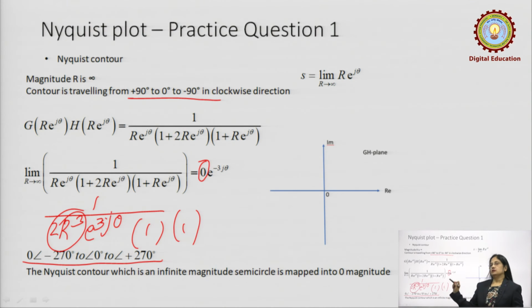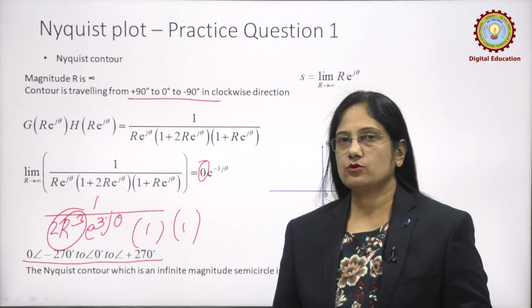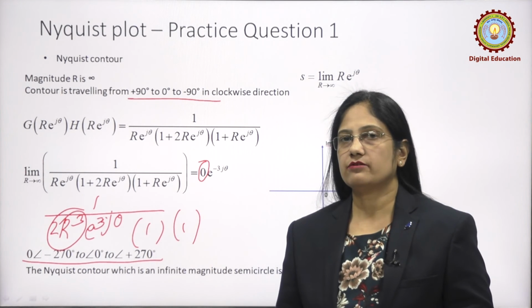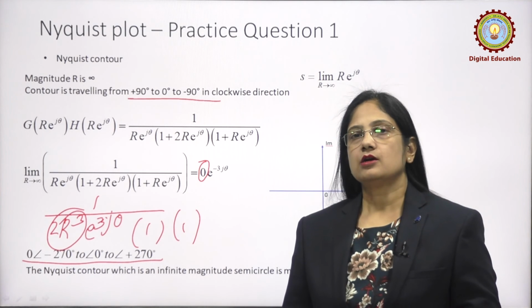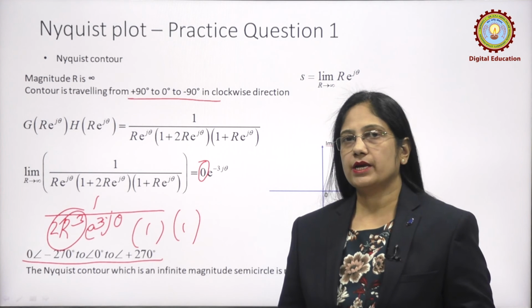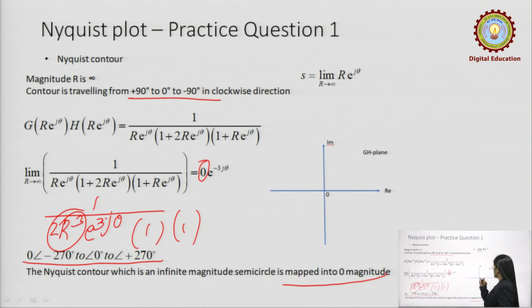It means the right half S plane is mapped into the GH plane with 0 magnitude. Since the magnitude is 0, the angle is irrelevant. The infinite radius semicircle, which was a contour in the right half S plane, is mapped into 0 magnitude. So, this is the polar plot and the inverse polar plot, and this mapping is simply the 0 magnitude.